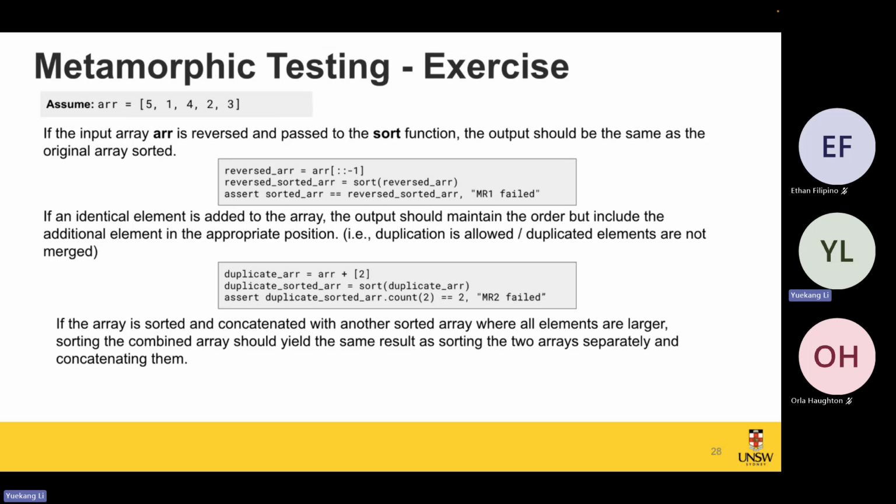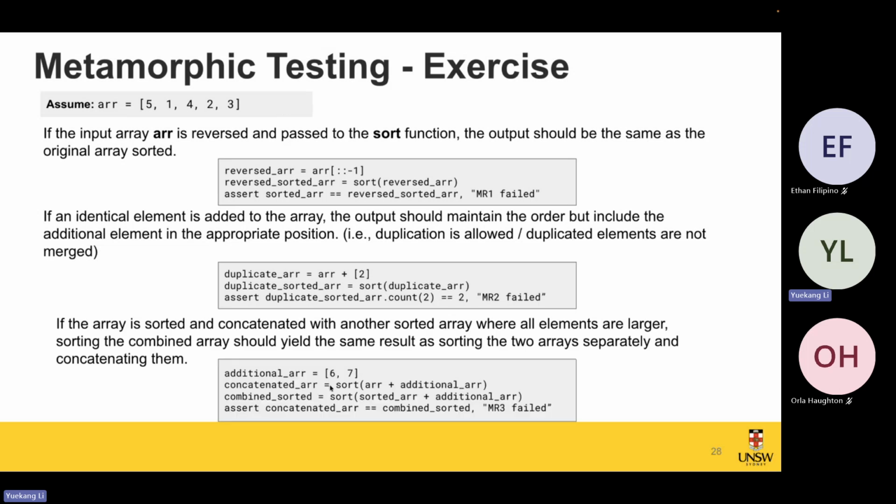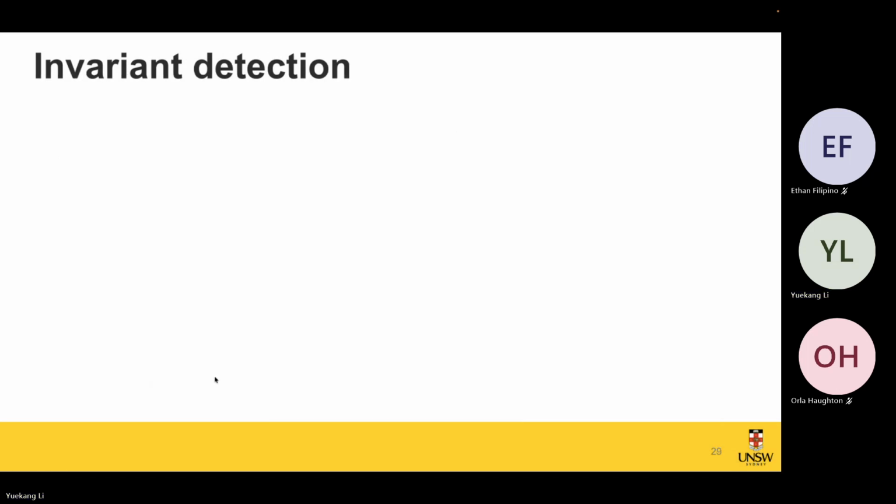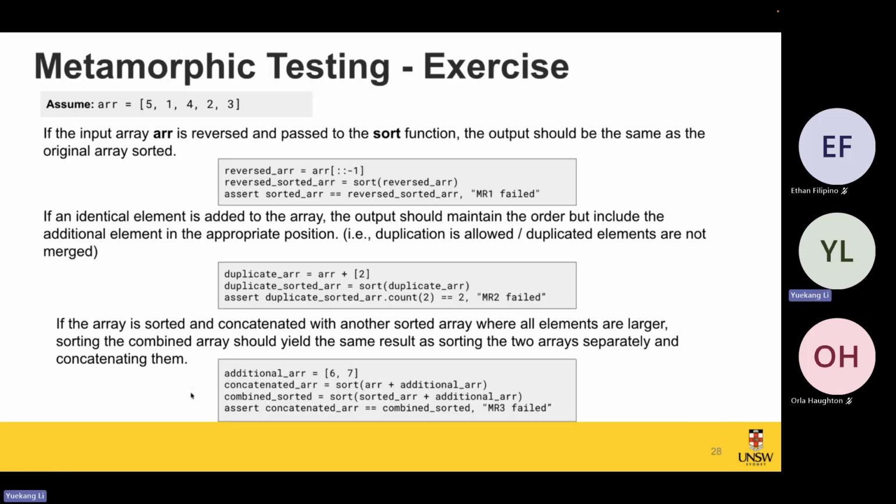And the last one is like this. If we have another array whose elements are larger than all the values in the original array, we sort the combined array and it will give us the same result as combining the sorted arrays. So this should also be a correct behavior, right? That is also a valid metamorphic rule.